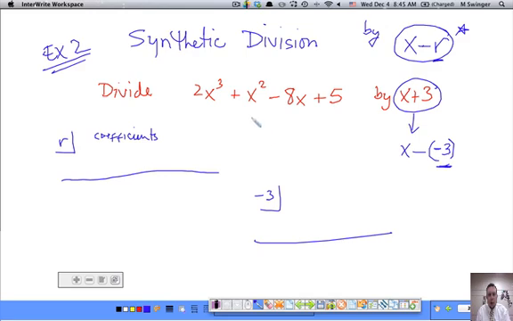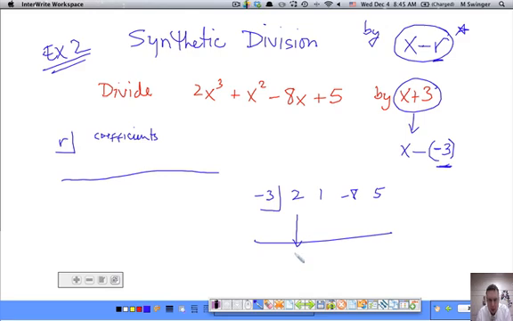I draw a line. I'm going to put all these coefficients down here. But what do you have to watch out for? You should know. There's 2x cubes, there's 1x squared, there's negative 8x's, and there's 5 constants. Everything is in order. There's nothing missing in between, right? So we don't need any zeros down here. Remember that?